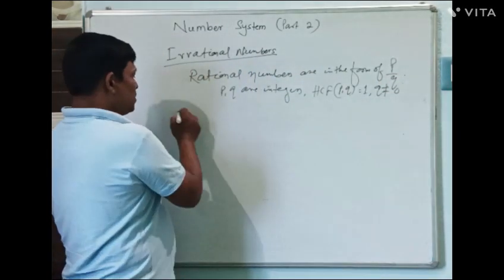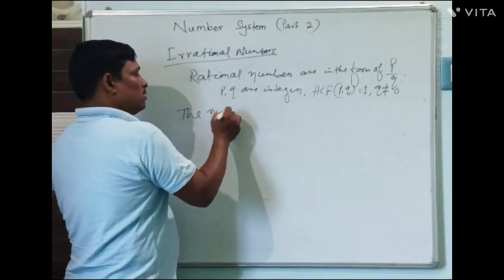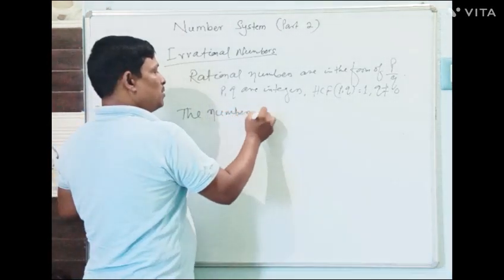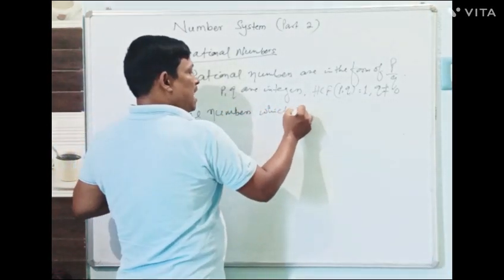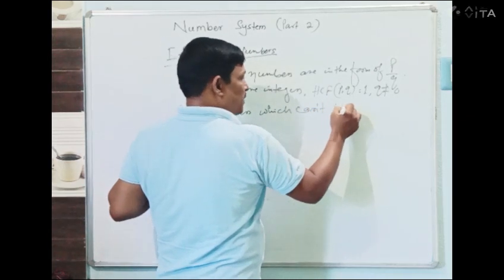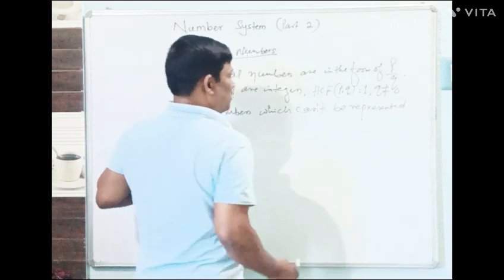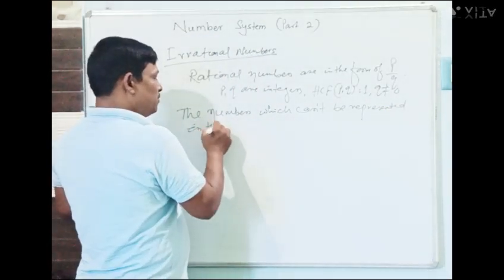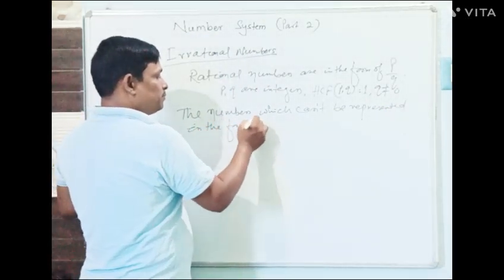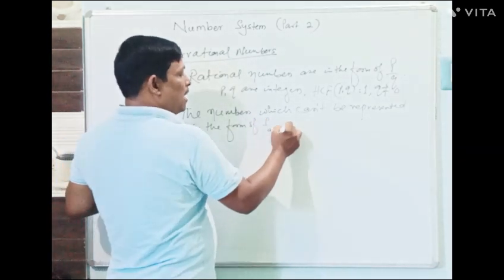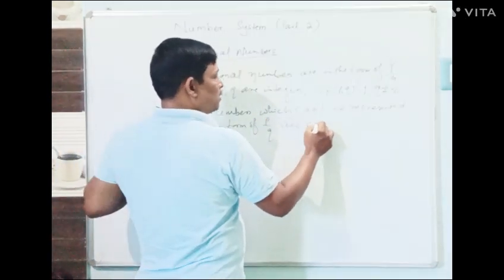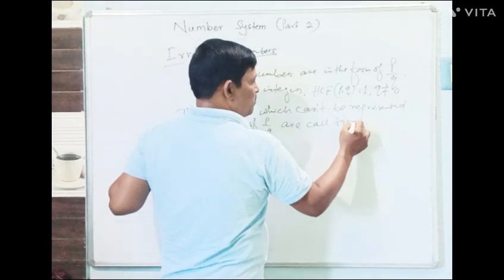So the numbers which cannot be represented in the form of p by q are called irrational numbers.